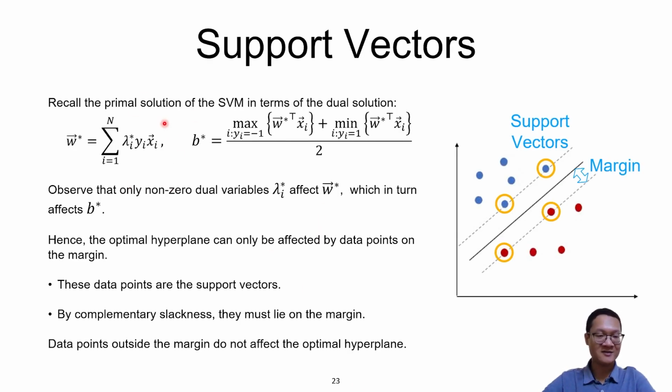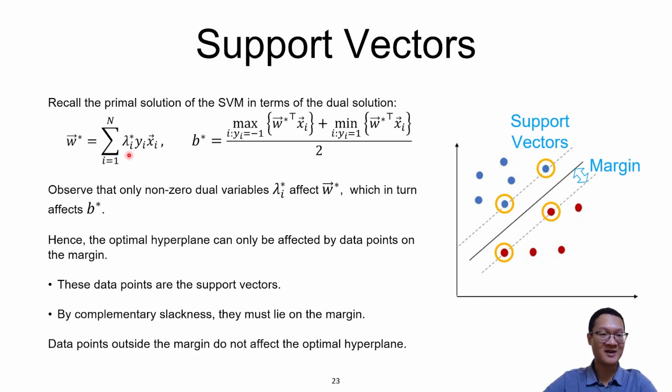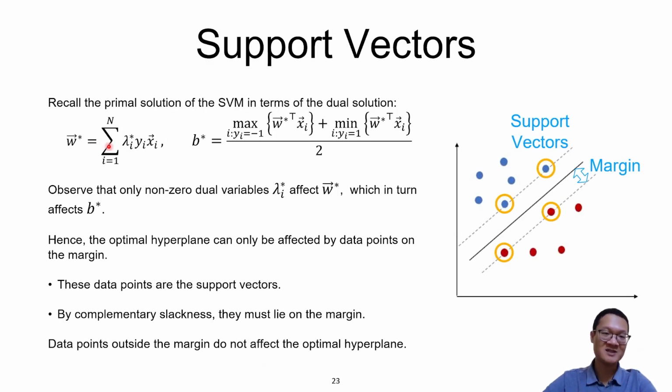So now looking here again. For data points where dual variables are positive, that means for any lambda i that is positive, these data points must lie on the margin. And for those data points outside the margin, lambda i must be 0, right?